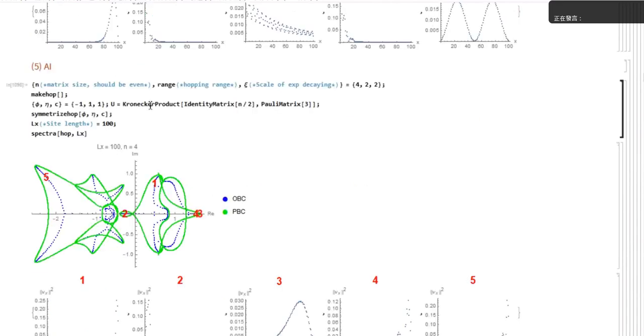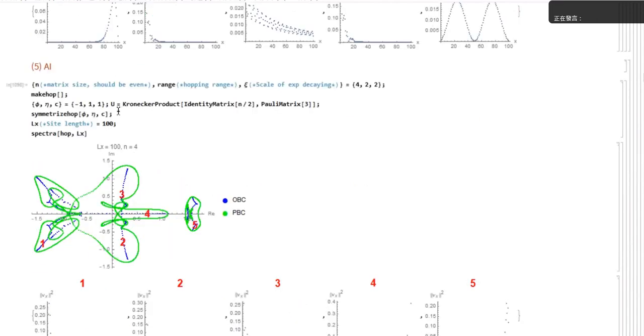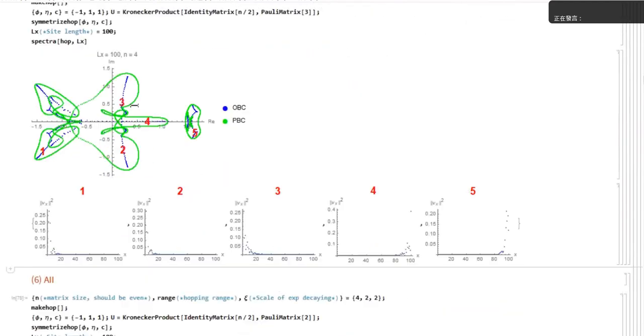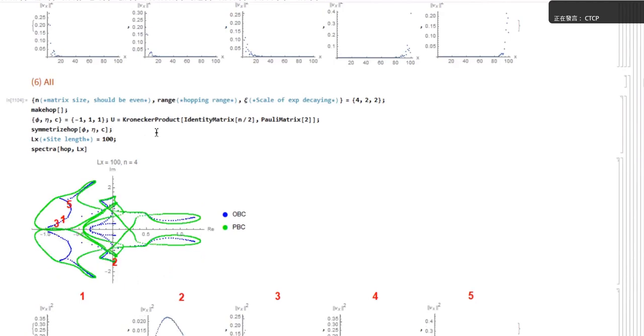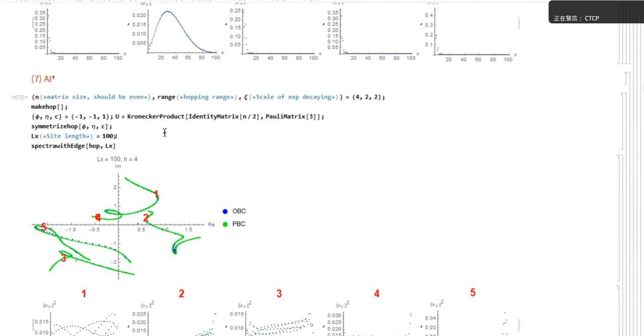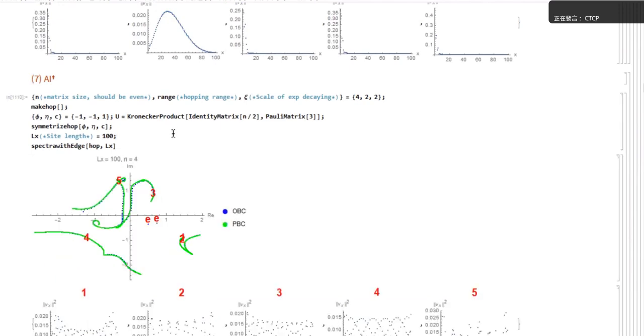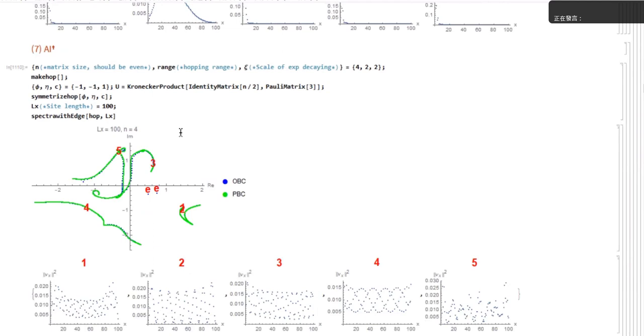And for transpose symmetry whose square is 1, there's a scheme. And transpose symmetry with Kramers degeneracy, a scheme. And here, this is a symmetry type. Sorry, it's a transpose symmetry.